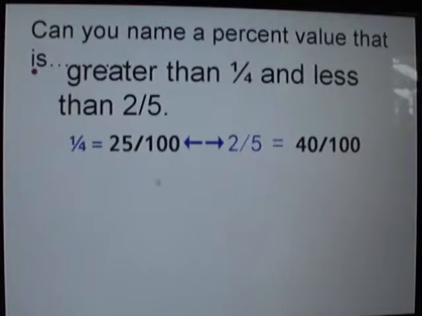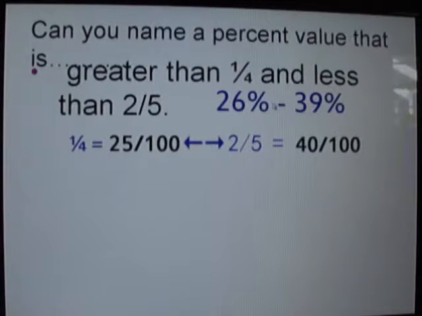Now that we see these as hundredths, we could probably easily in our mind change them. This is 25%, this is 40%. So the answer would be anything higher than 25%, which 26 is higher, the first one higher, and all the way up to the one just below 40%, 40 100ths.